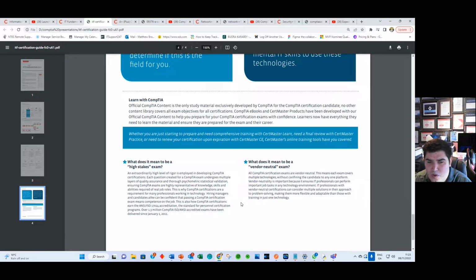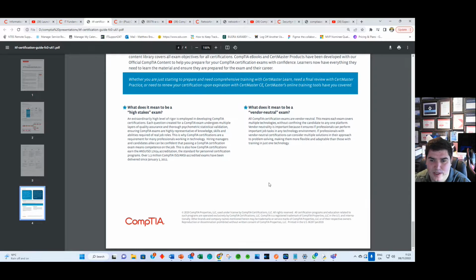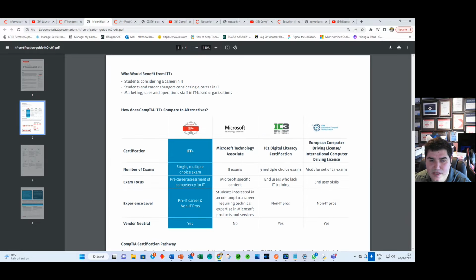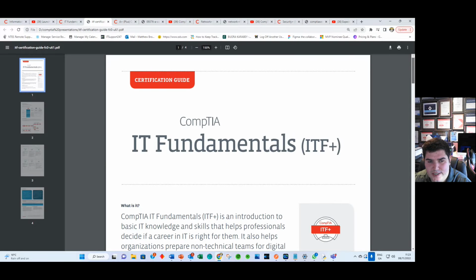So what I would suggest for anyone doing their CompTIA ITF Plus exam, I would suggest that you get the CompTIA CertMaster, you get your study guide, you go through each chapter, you take your chapter quizzes, and as you go through the content, I'd be creating study cards.